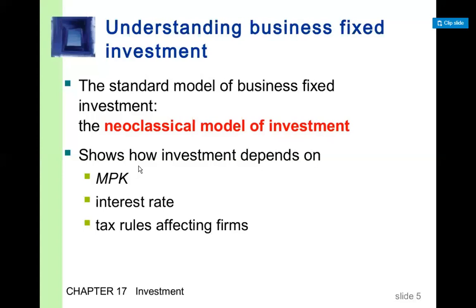The second one is that this model shows how investment depends upon interest rates. This is the second point of the new classical model of investment. Interest rate is very clear.